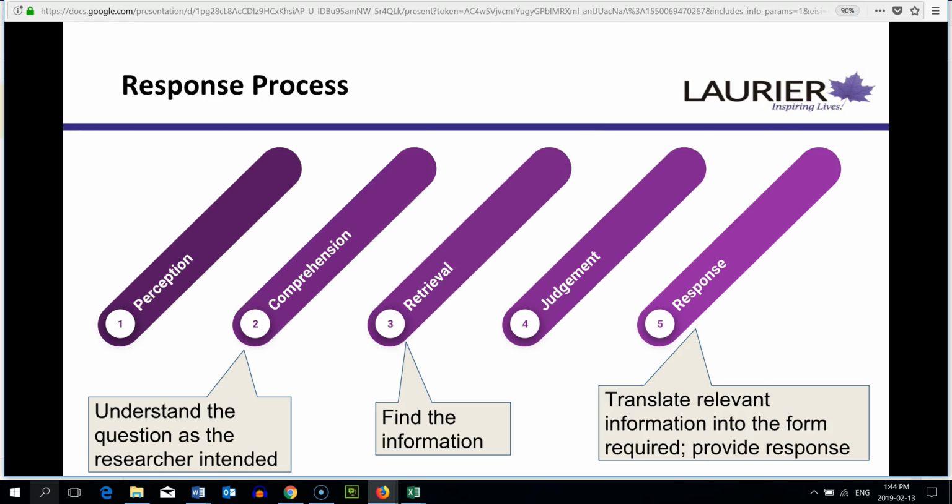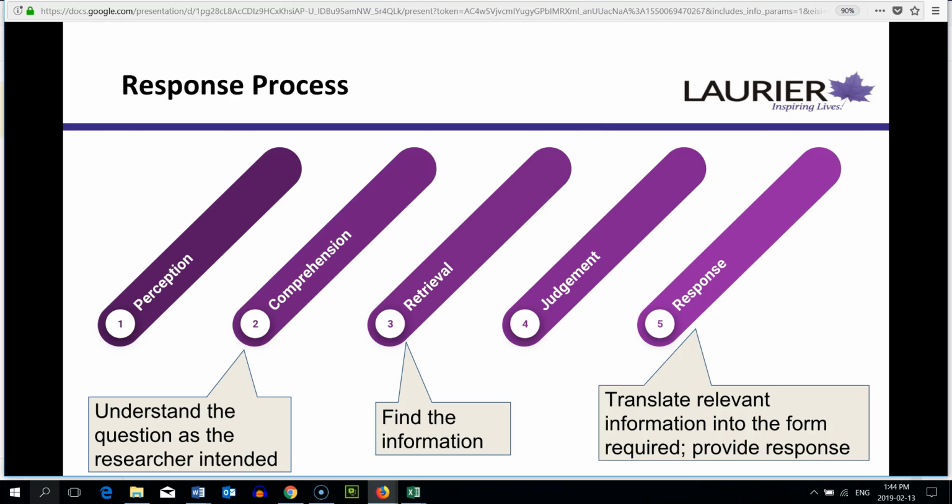On a web survey, perception can be influenced by the display that's used. So by the survey tool, the type of question, the graphic interface, the way it's laid out on the screen, how it formats on a mobile device, all of those things feed into this process, because if the perception is somehow impeded, then comprehension will be off and the whole process suffers.